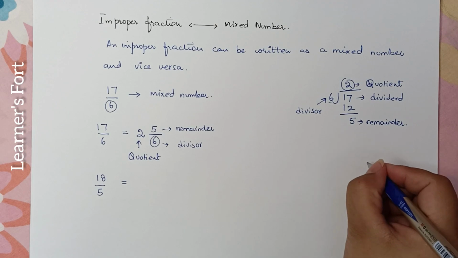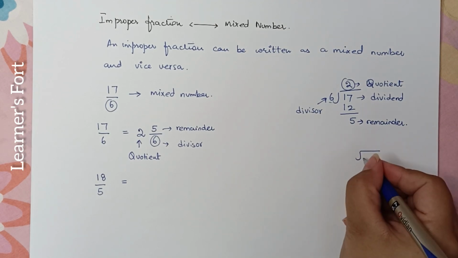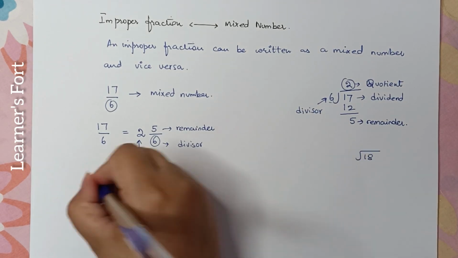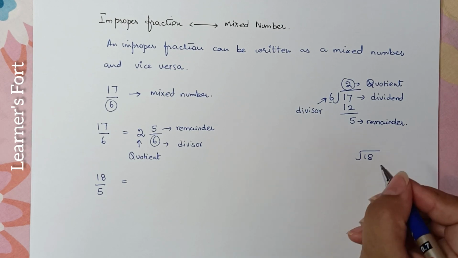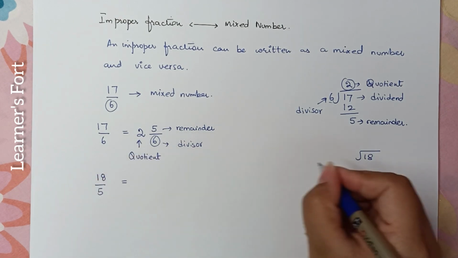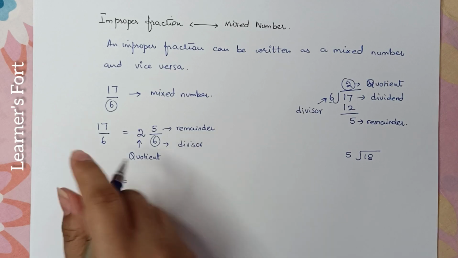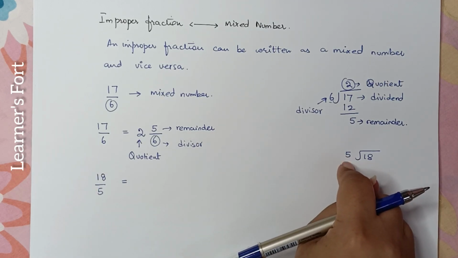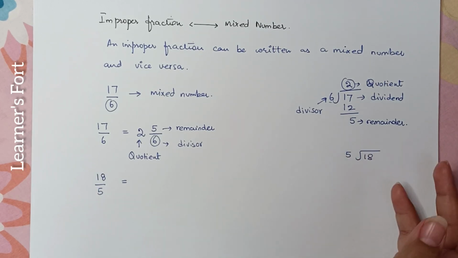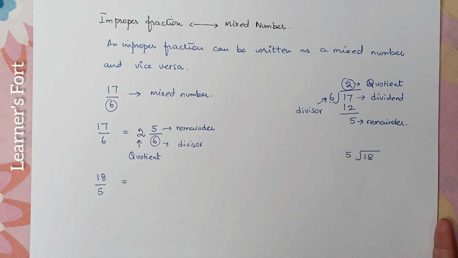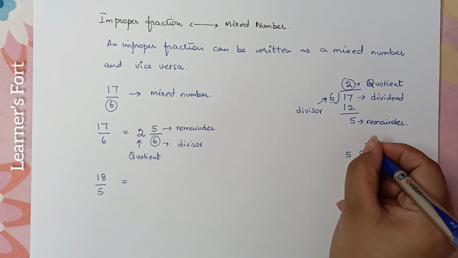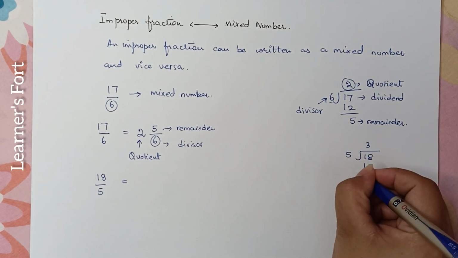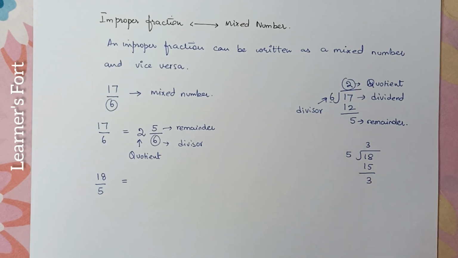Now when we divide 18 by 5, what do we have here? 18 is the dividend, the one which is being divided, and the denominator becomes the divisor because it is dividing here. Now how many times is 5 in 18? 18 does not come into the table of 5, so we're going to write the nearest number, which is 5 times 3 is 15, right? And the remainder is 3.